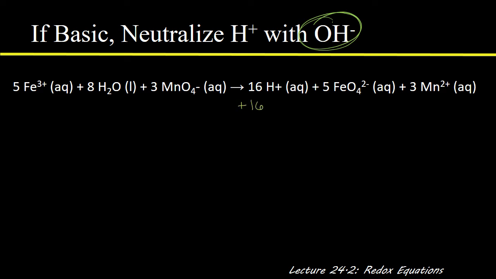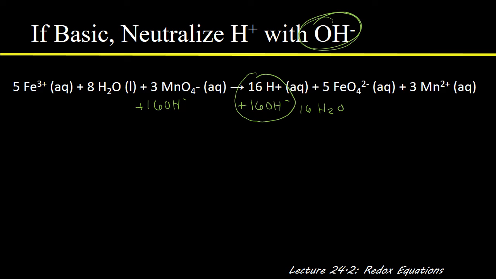So I'm just going to add 16 hydroxides. And anything you add to the left side, you've also got to add to the right side. So I'll add 16 hydroxides there.